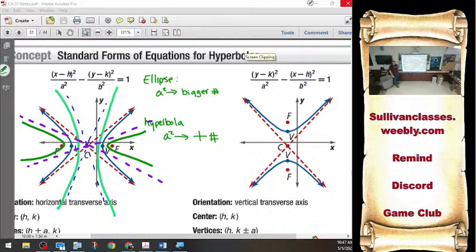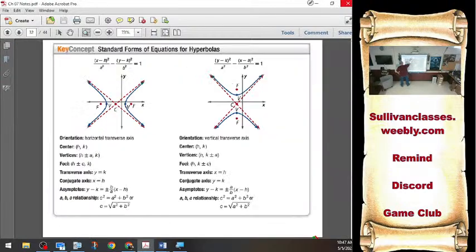Okay? The relationship between A and B determines my asymptotes, and the asymptotes determine whether it's big mamma jamma or skinny mini. Okay? So, let's see it. And just like with the ellipses, if you want to see it written out in coordinate form, it is over here.